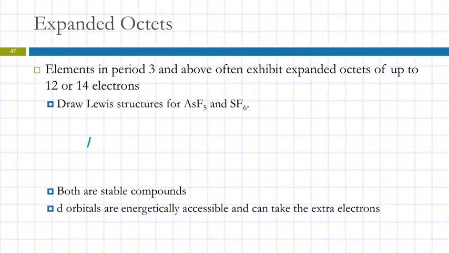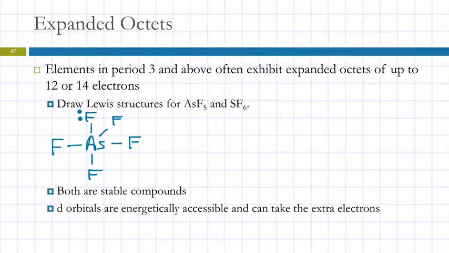So we're going to put the arsenic in the middle, and we're going to put the fluorines around the sides. And then we're thinking, well, there's a 5th one. I'll just have to tuck it in here.